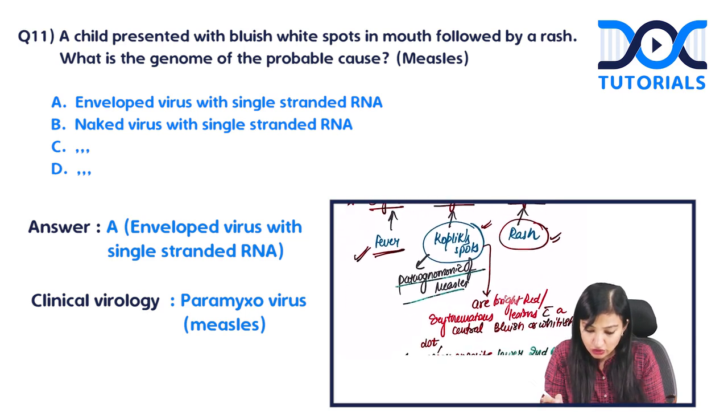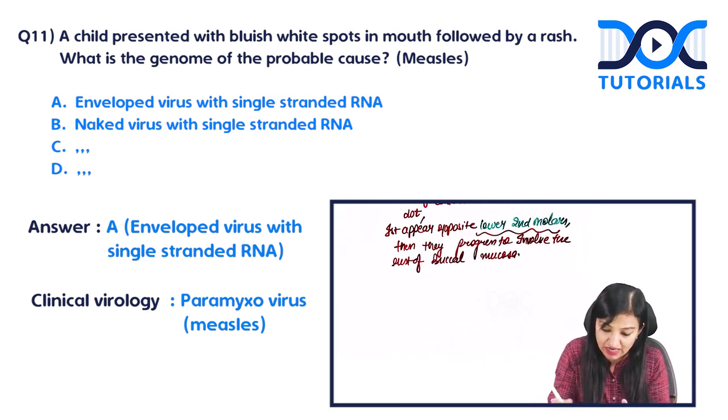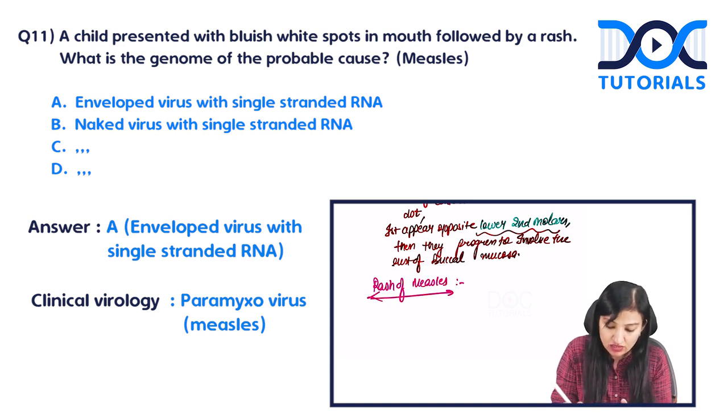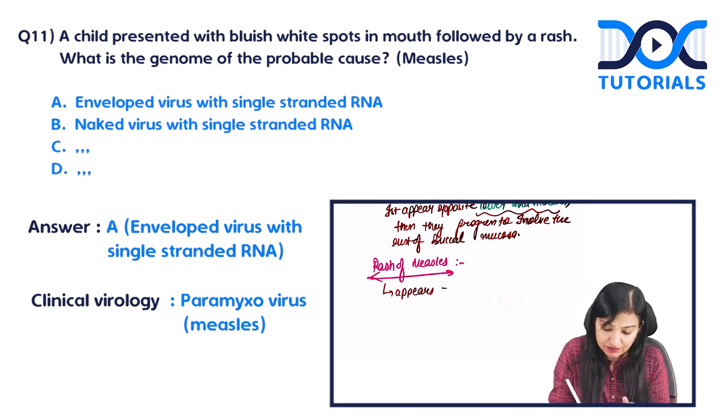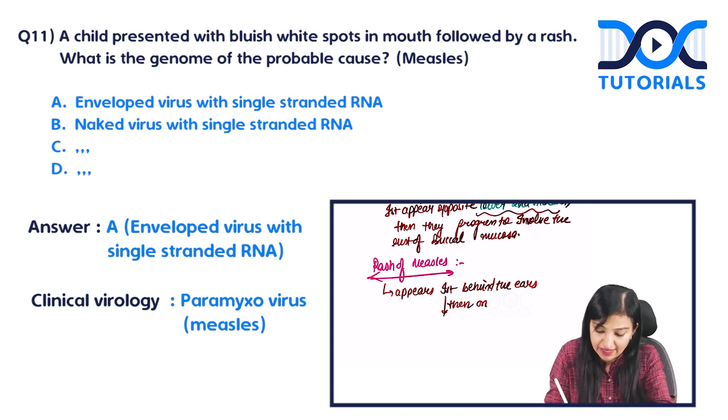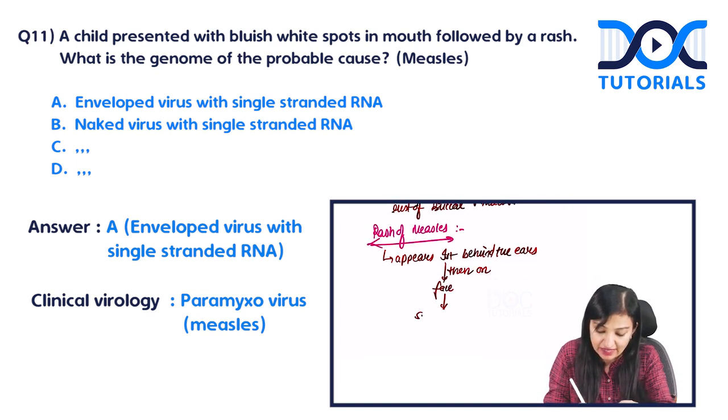Now, talking about the rash, the measles rash is very, very important. First and foremost, you should know where this rash begins. The rash appears first behind the ears, then on the face, and then it spreads from top to bottom, including palms and soles.